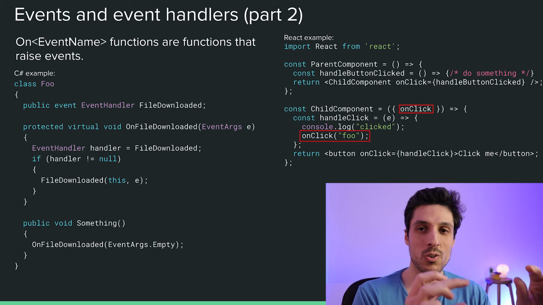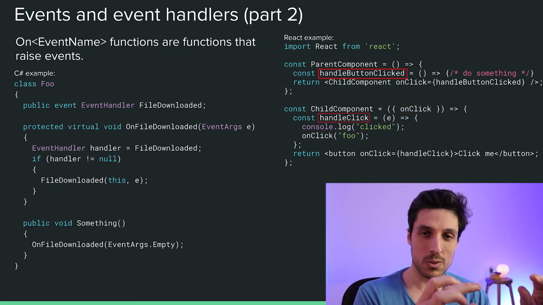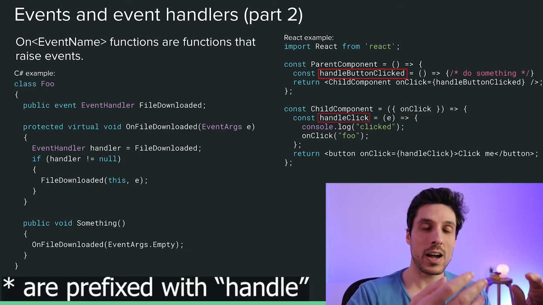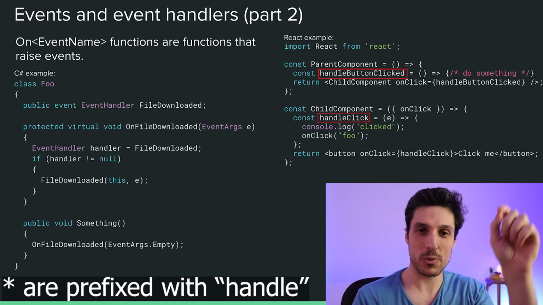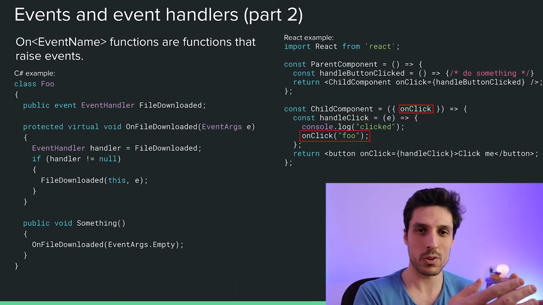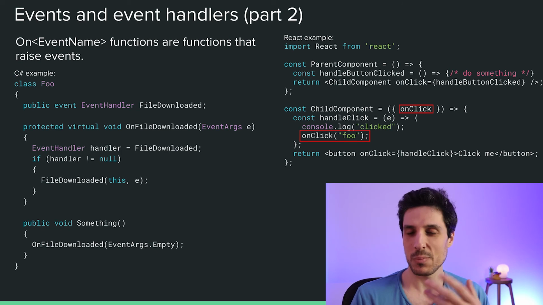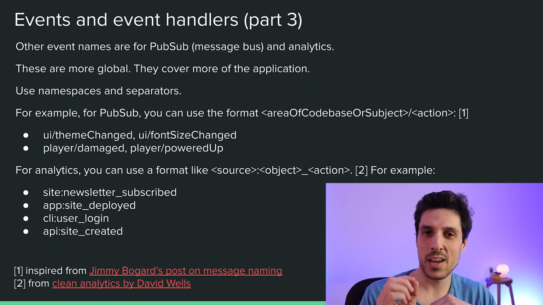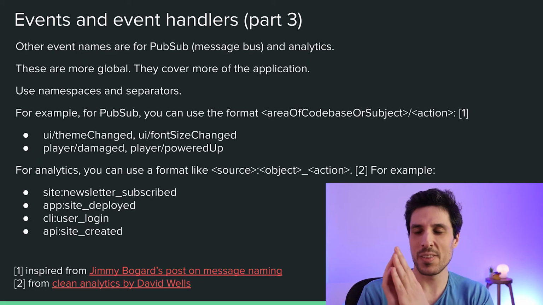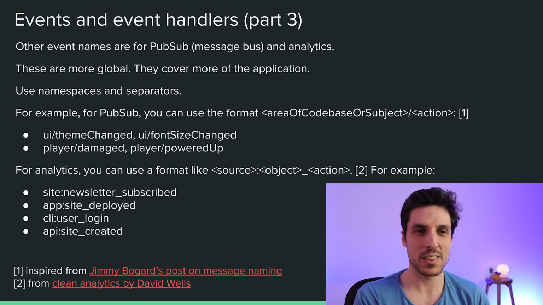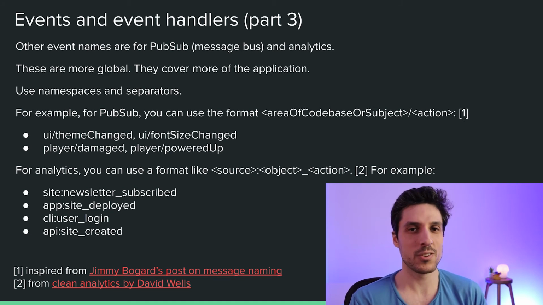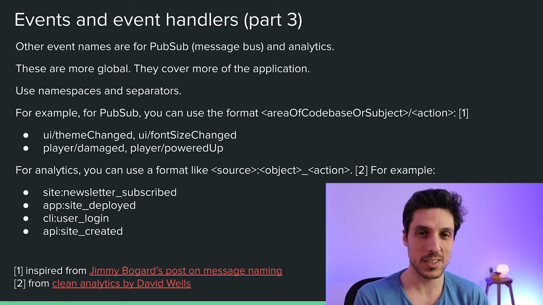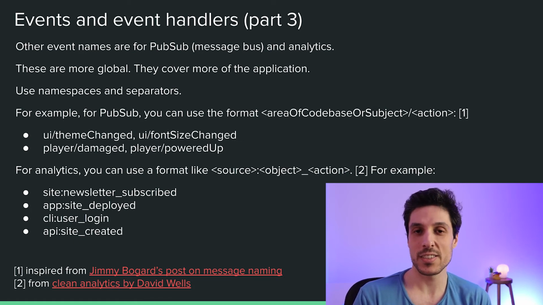So your handler functions are called handle, and other handler functions that you get from somewhere else are called on something. I hope that makes sense. And more than that, there are different kinds of events other than just these, right? You also have PubSub, or you might have heard of it as message bus. And you also have analytics and things like that.